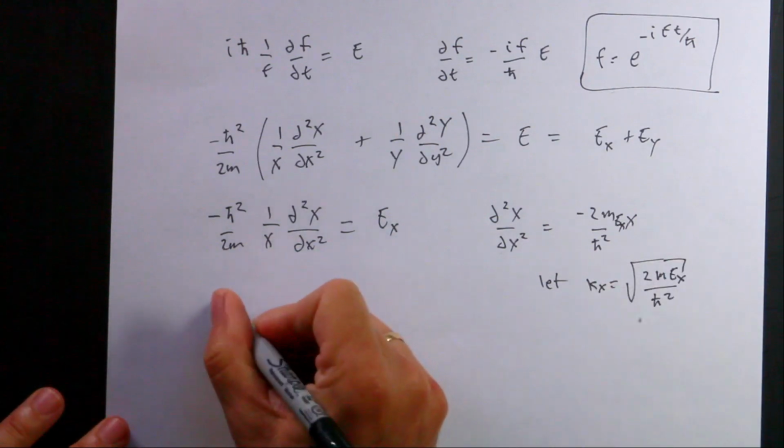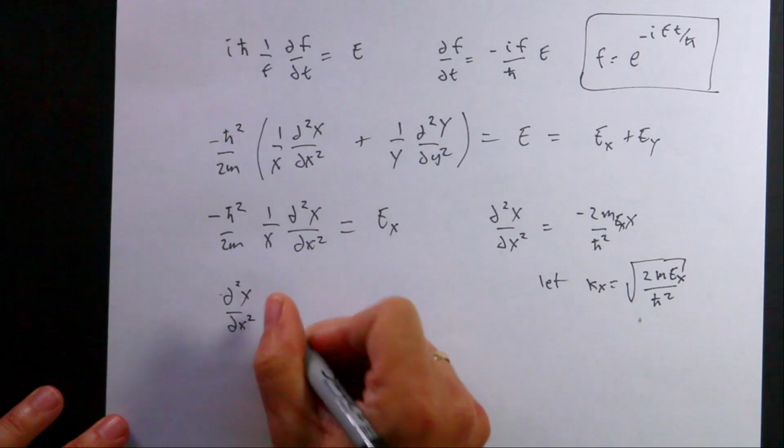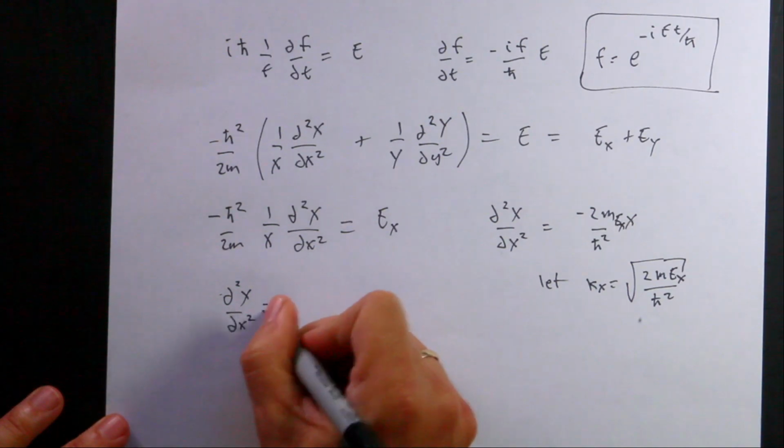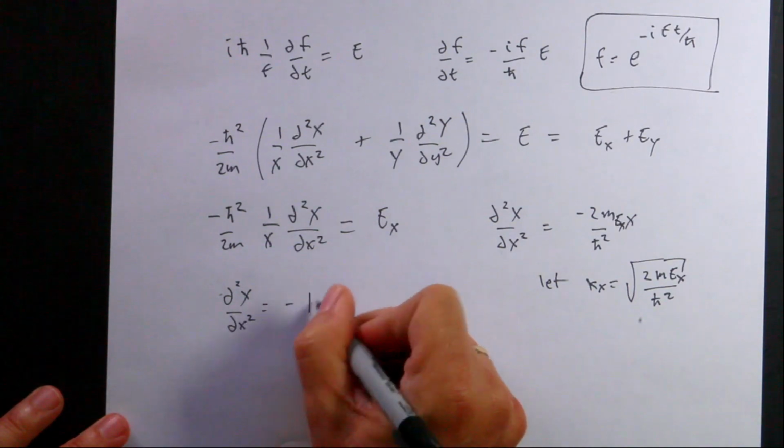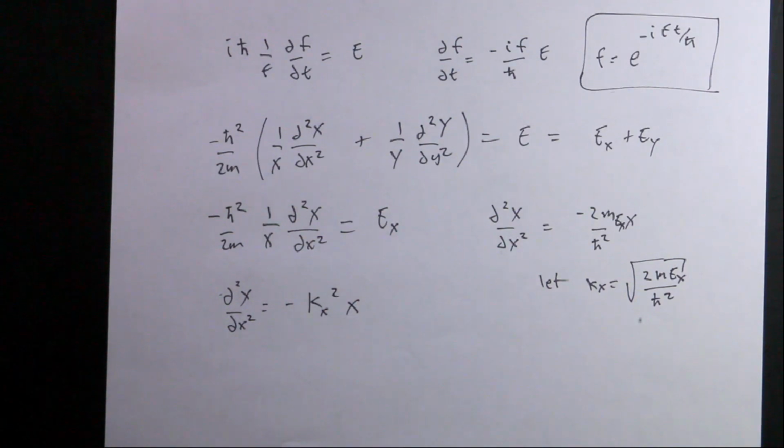So now I have the second partial of X with respect to x equals negative kx squared X. Well, now I can solve that equation.